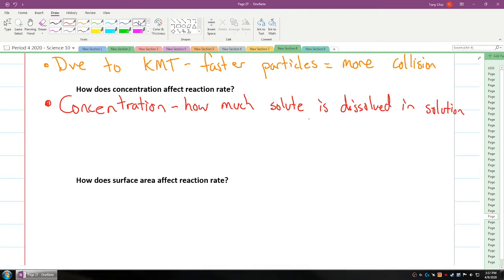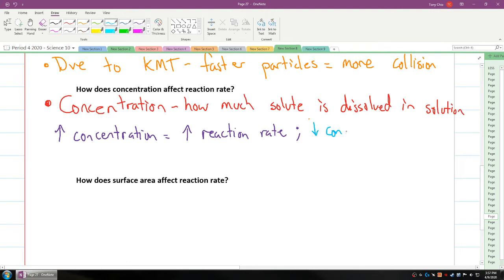So what happens here? As you increase concentration, you're going to increase reaction rate. Now, why does that occur? And likewise, if you decrease concentration, you're going to decrease the reaction rate. Well, if you think about it, reactions are collisions, so more collisions.